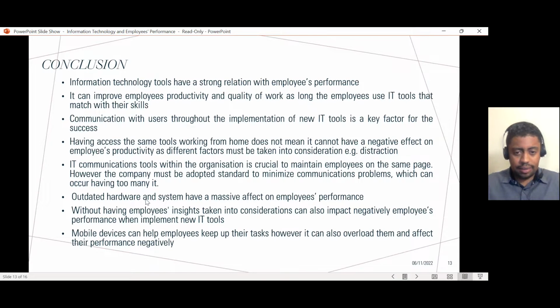Out-of-date hardware and systems have a massive effect on employees' performance. Not taking employees' insights into consideration can also impact employees' performance negatively when implementing new tools. And mobile devices can help employees to keep up with their tasks. However, they can also overload them and affect their performance negatively.